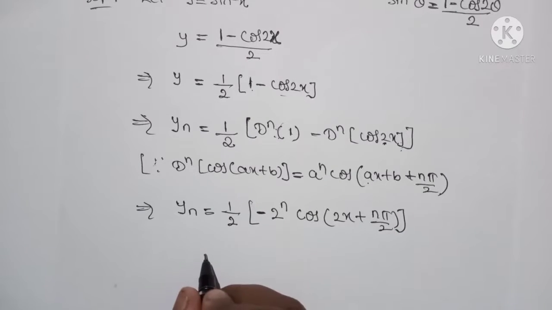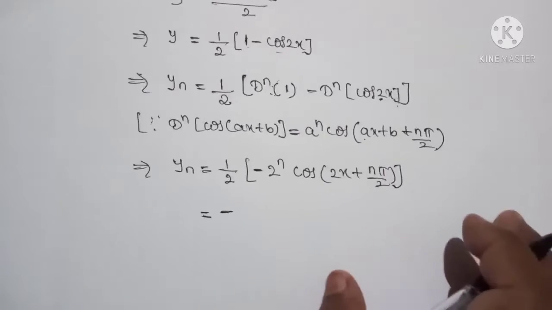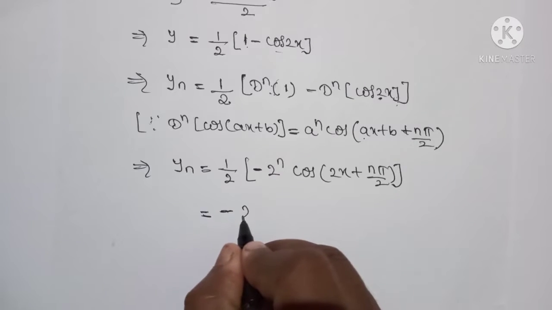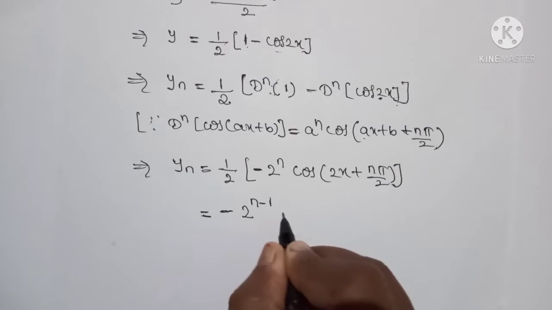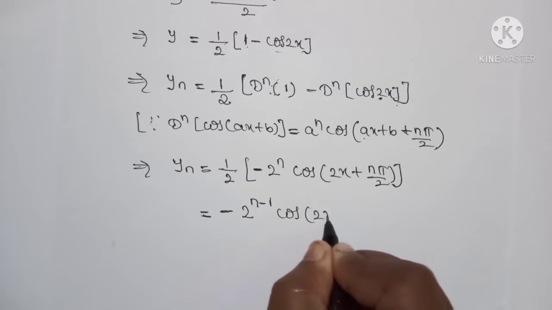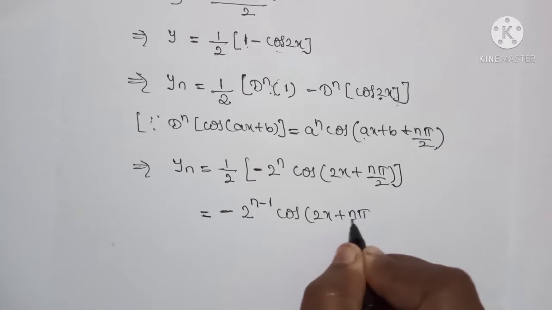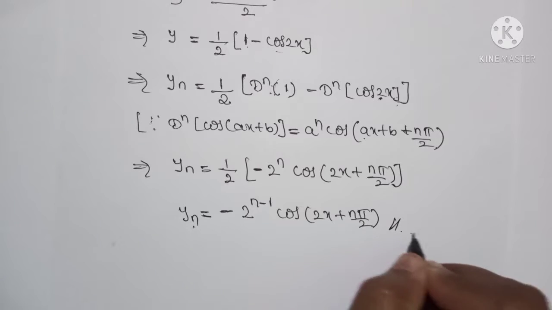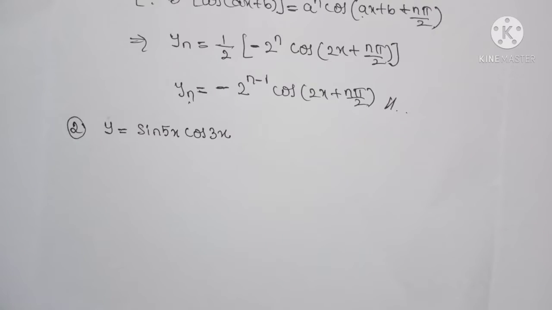Further simplifying, taking the 2 to the numerator, it becomes minus 2 raised to n minus 1 cos of (2x plus n pi by 2). This is the required nth derivative of the given function.